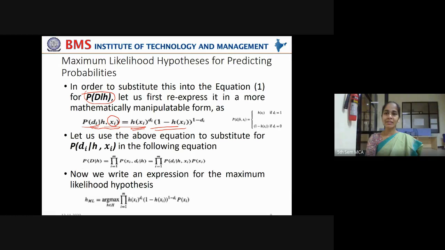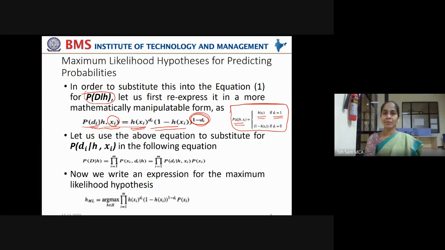Why did we write like this? Observe this notation which we represented in the previous slide. P of di given h, xi is h of xi if di equal to 1. Now, if di equal to 1, what will happen to this exponent? 1 minus 1 will become 0.